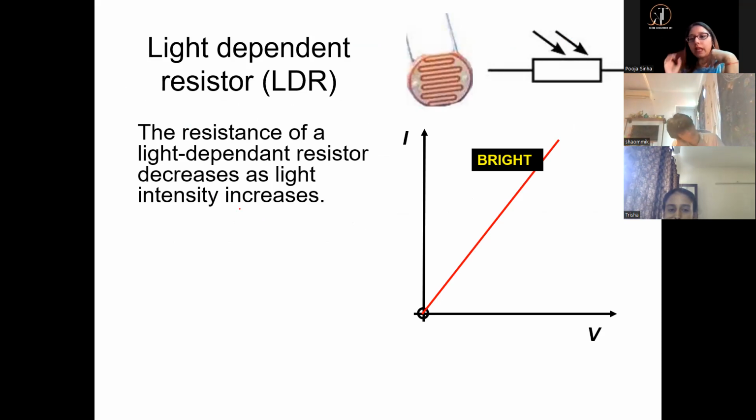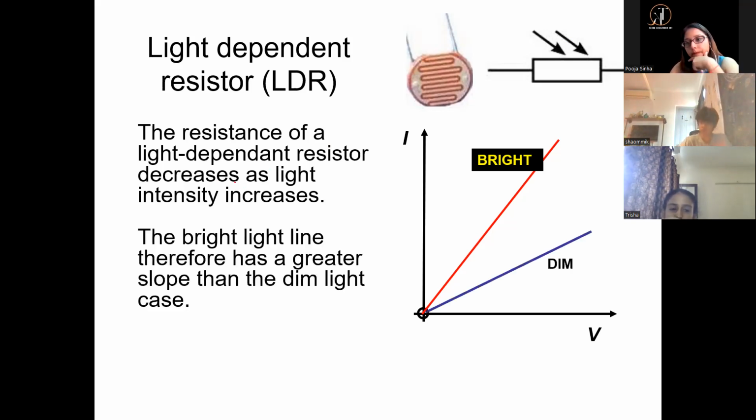So if it is morning or night, we can say that when there is a lot of light, the resistance decreases, which means it is brighter, correct? And when the resistance increases, it is going to be dim. Clear?